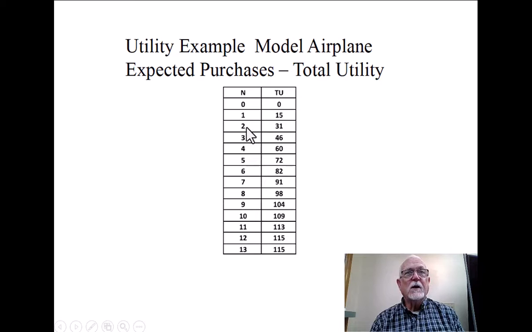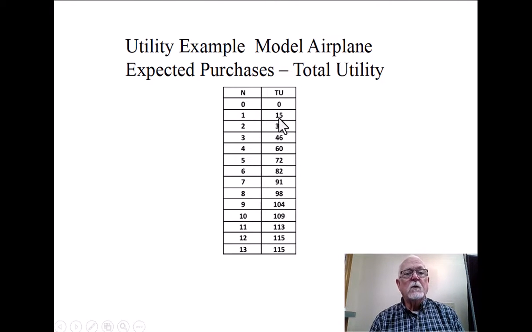If you buy the second one, that gives you an additional 16 utils of satisfaction. Why did I say 16? Because your total utility goes up by 31. So obviously the second one added 16 utils to your satisfaction. That would be your marginal utility. And so that's how you look at this.